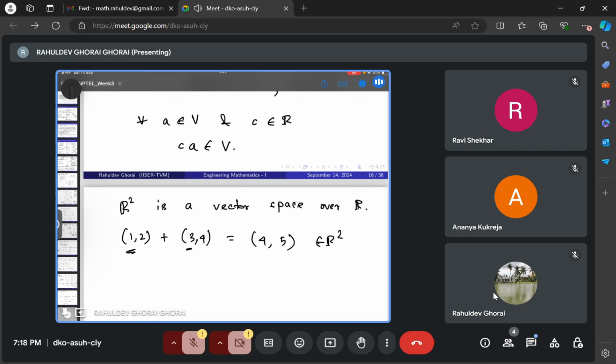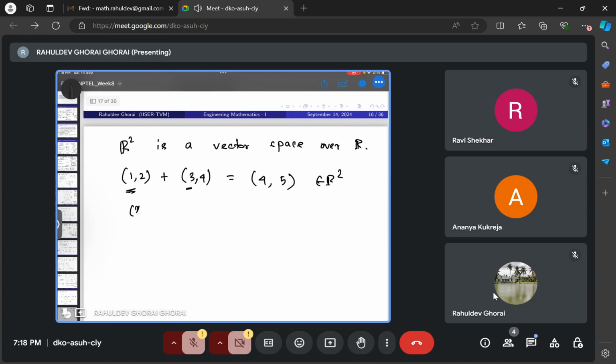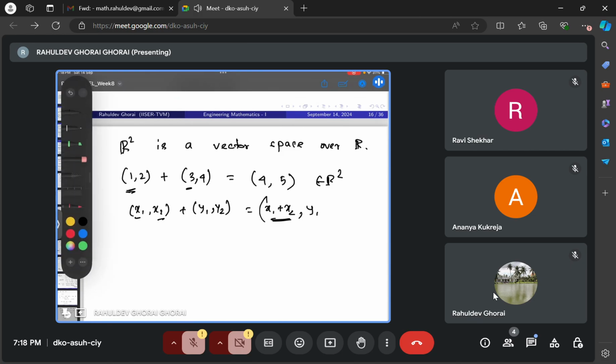If you take any two elements like this, so (x1, x2) plus (y1, y2), two elements from R2, then x1 is a real number and x2 is a real number, that's why (x1, x2) is in R2. I am doing component-wise addition, right?